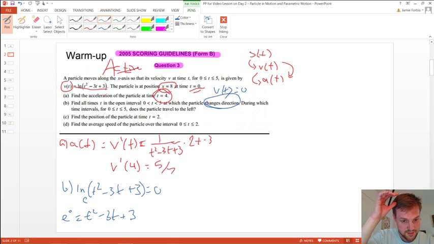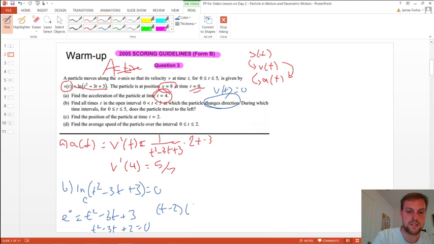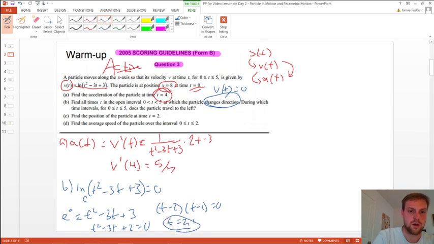I can move that 1 to the side, and what I'm left with is t squared minus 3t plus 2 equals 0, which factors to t minus 2 times t minus 1 equals 0. So t equals 2 and 1, both of which are in my interval 0 to 5.